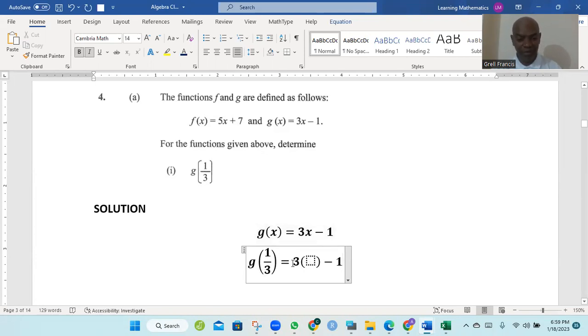The 3 will remain and the minus 1 will remain, but the x now has to change to 1/3 because we want to find g of 1/3. So please pause the video and write this down and contemplate on it a little bit. We have found g of x, which is 3x minus 1, and we are going to substitute 1/3 in the place of x to find what is g of 1/3, which is 3 times 1/3 minus 1.